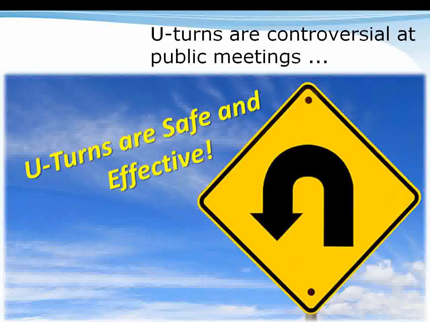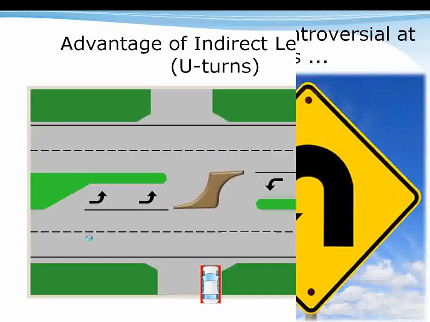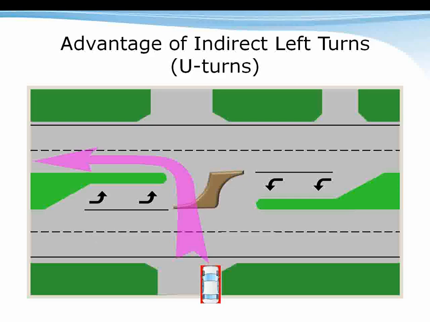You will hear people say, most of the people in my city are senior citizens and they cannot make U-turns. They're uncomfortable with that. And because of this, we want to explain the advantages of what we're going to call the indirect left turn, which is the U-turn.